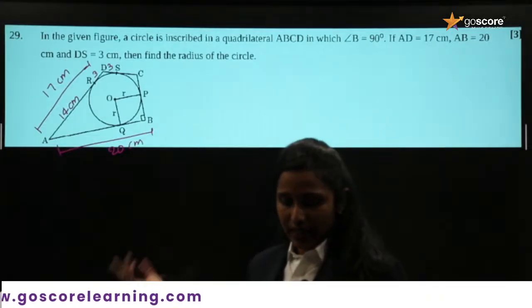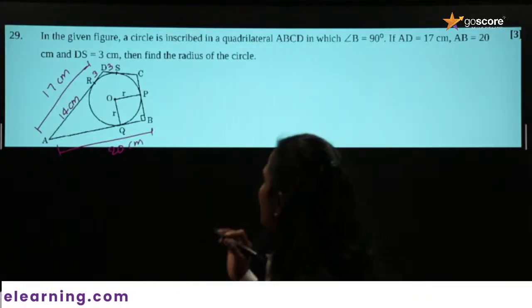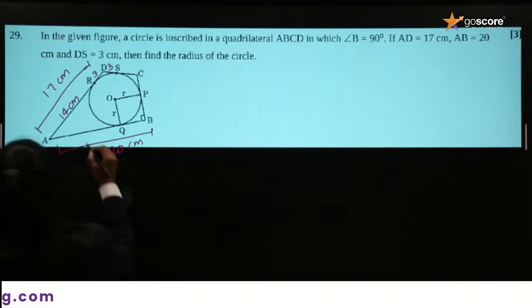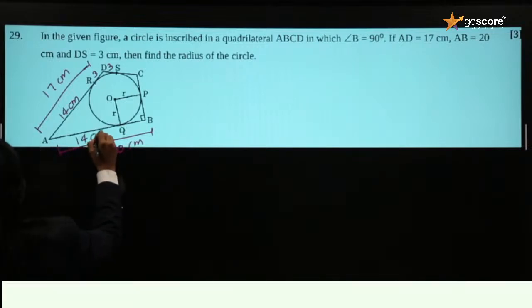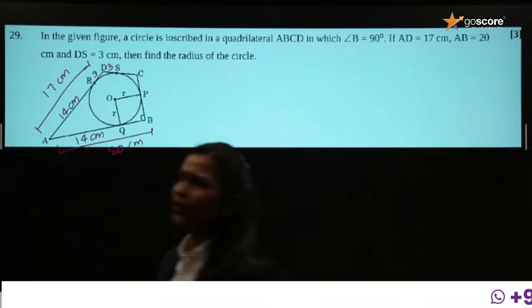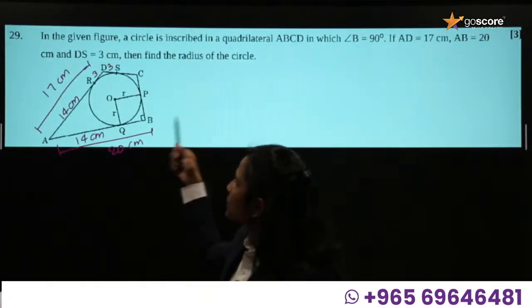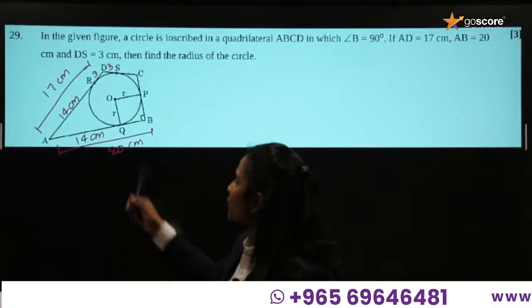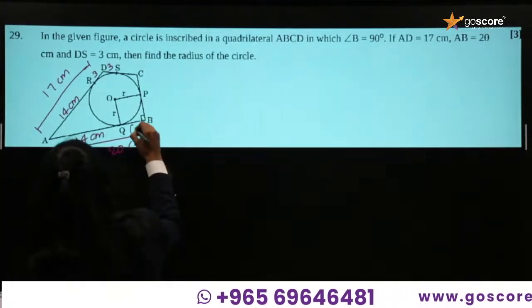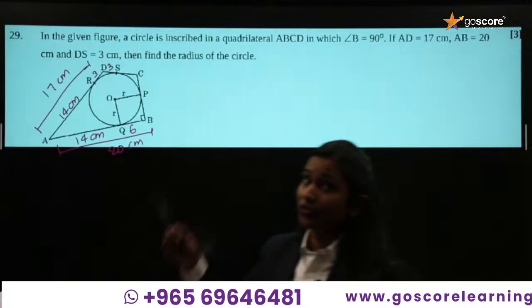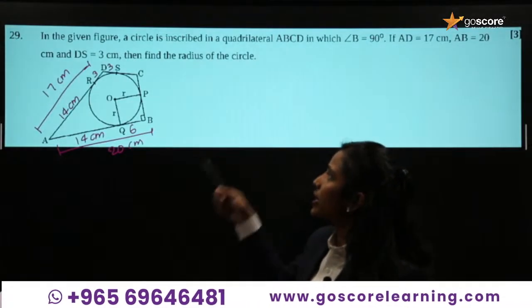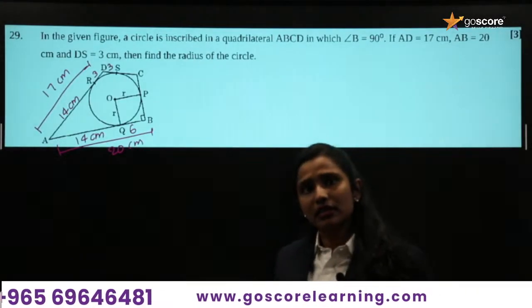Now, if AR is 14 centimeters, what about AQ? AQ is also 14 centimeters because they are tangents from the same external point. So AQ is 14 centimeters and AB is altogether 20 centimeters. AQ is 14 means QB is 6 centimeters, and if QB is 6 centimeters, then PB is also 6 centimeters, right?